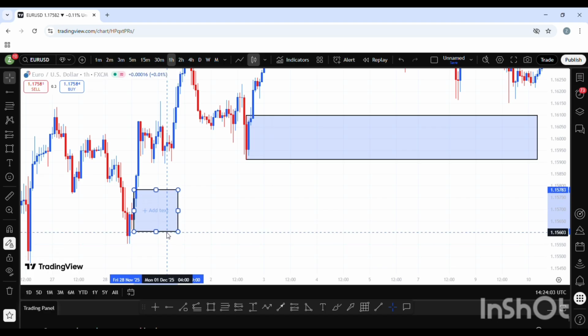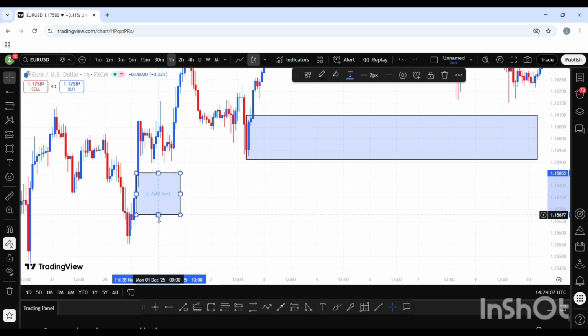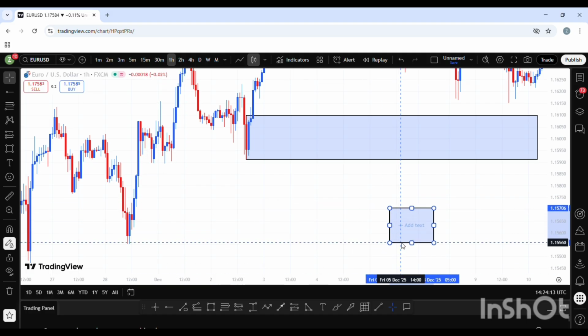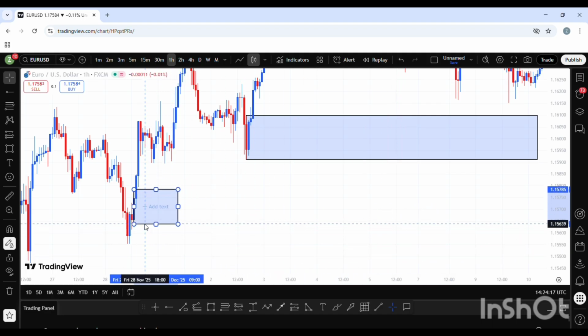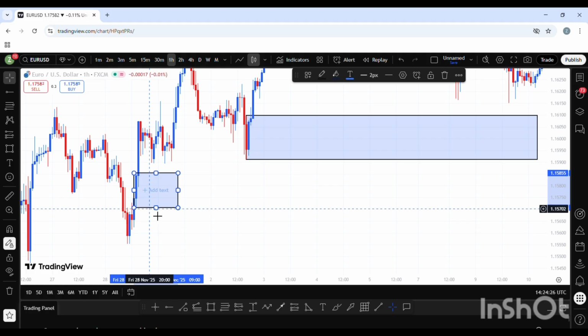Let's keep mapping. Remember, we are not mapping out break of structures. That's why you can see I'm just mapping out the order blocks alone. I'll do a video on FVG.